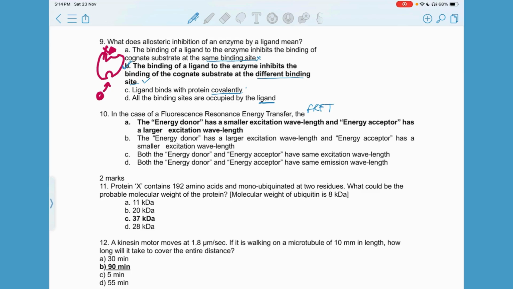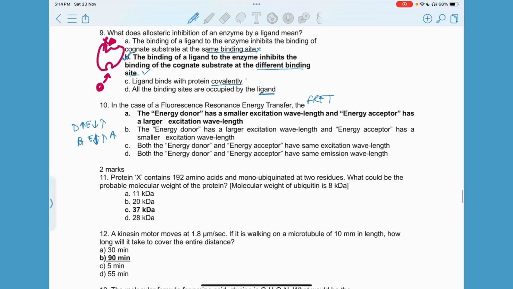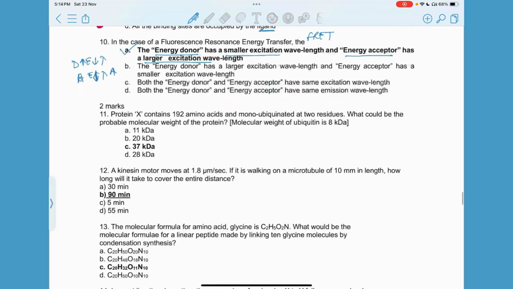So the key points to remember are that the donor typically has higher energy and therefore a shorter wavelength. The energy acceptor absorbs this energy and usually emits at a longer wavelength. So the correct option from this will be smaller excitation and larger excitation for the energy acceptor and the energy donor. Option A.